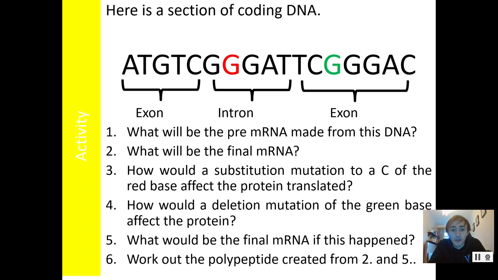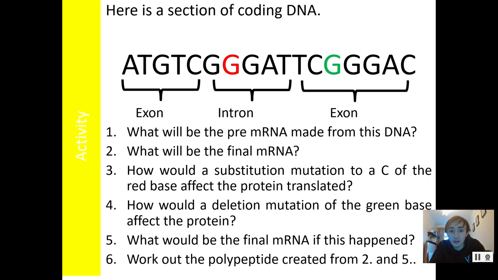Fine. The final mRNA, well, what's the difference going to be? We're looking at removing the introns during splicing. That's the difference. So it's going to be shorter, and it's not going to include that intron. So now it will just be UAC, AG, AGCCC, UG.